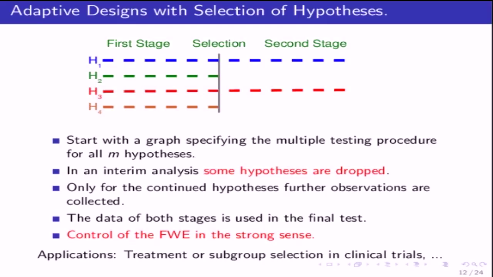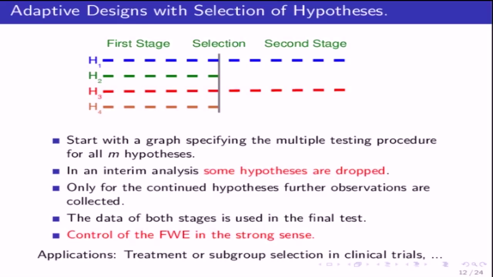The adaptations can include, for example, that we look at some of the hypotheses and we realize we are no longer interested in them. For example, those 2 might be toxic, and so we would drop the hypotheses for those 2, or the lower dose does not show an effect and we would like to drop them for futility reasons. Or maybe we underestimated the variance estimate and we would like to increase the sample size.